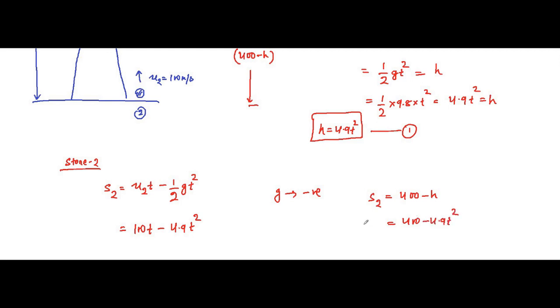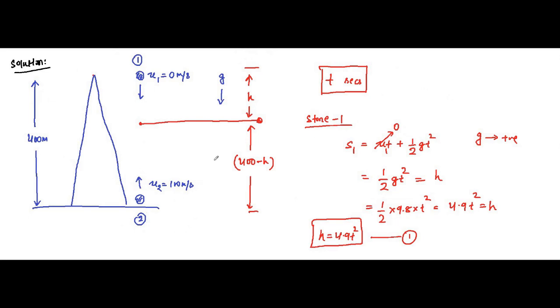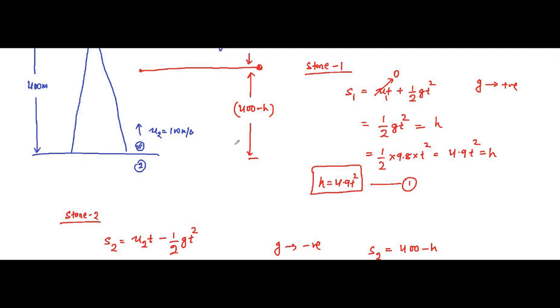Stone 1 covers a distance h downwards, that is 4.9 t square, and stone 2 covers 400 minus h upwards.